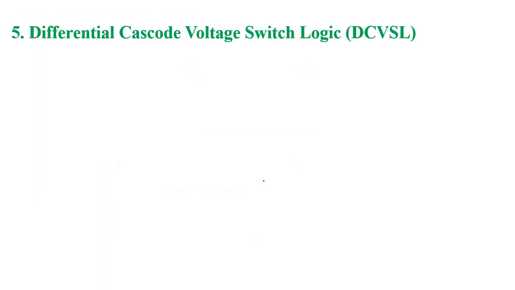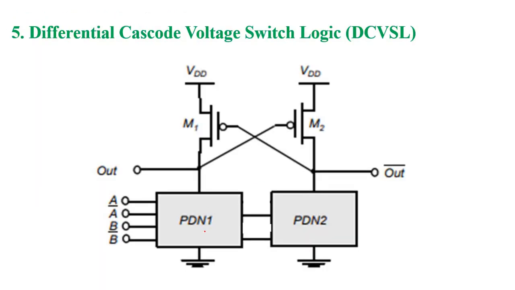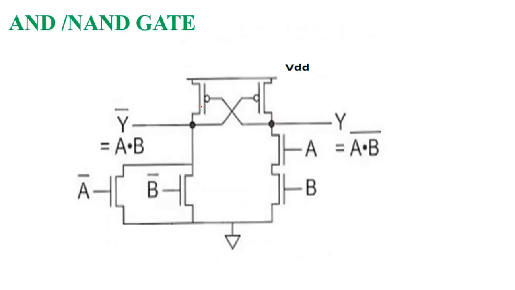So two cross coupled transistors are generally used, and in the pull down network one has the complemented form and the other the general form.